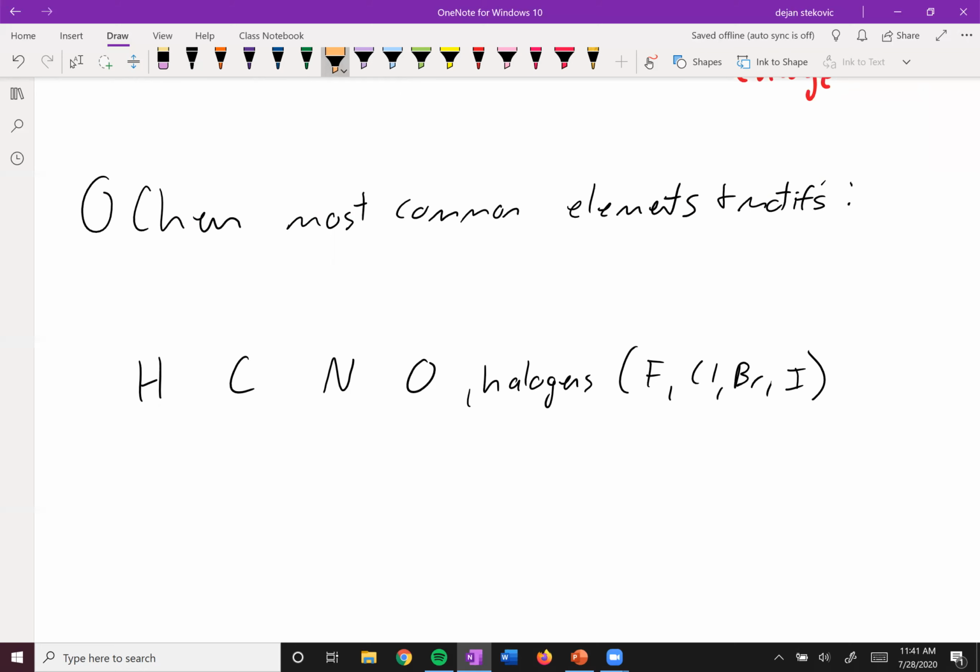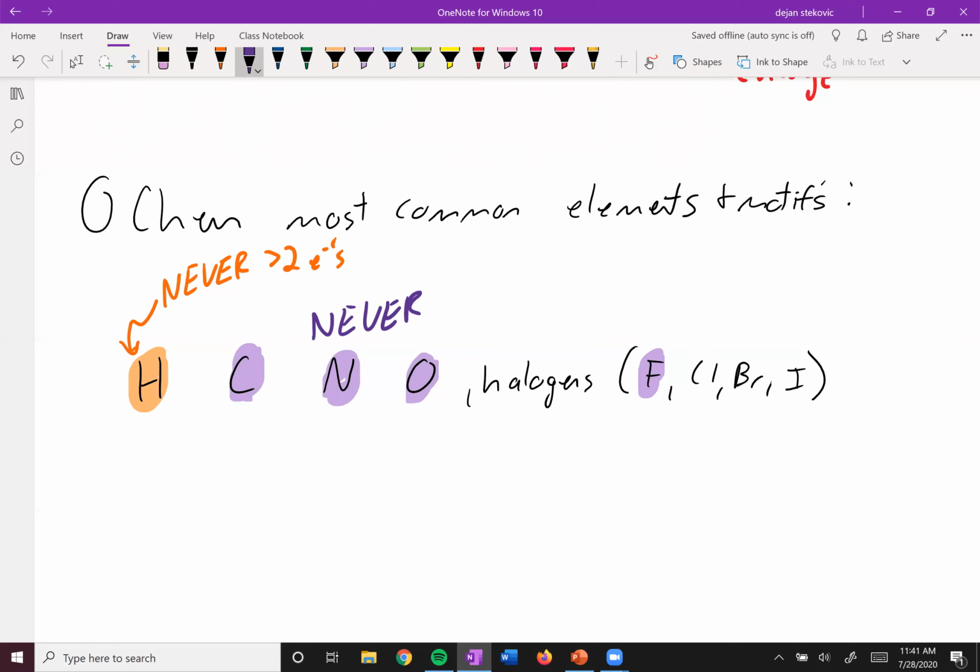So let's think about some of the rules here that we have to follow. Hydrogen will never have more than 2 electrons. Carbon, nitrogen, oxygen, and fluorine are all period 2 elements, and so they will never have greater than 8 valence electrons.